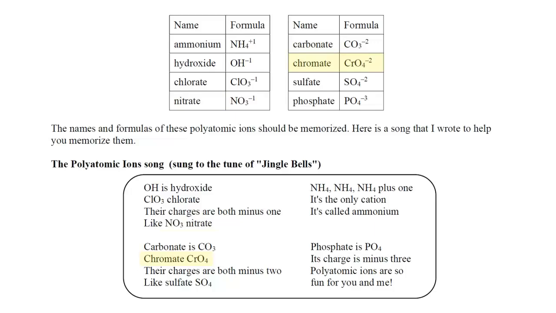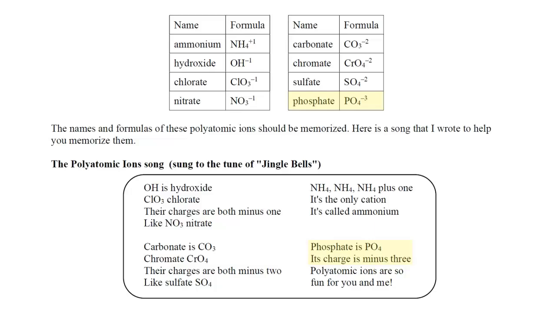Their charges are both -2 like sulfate SO4. NH4, NH4, NH4 +1. It's the only cation, it's called ammonium. Phosphate is PO4, its charge is -3. Polyatomic ions are so fun for you and me.